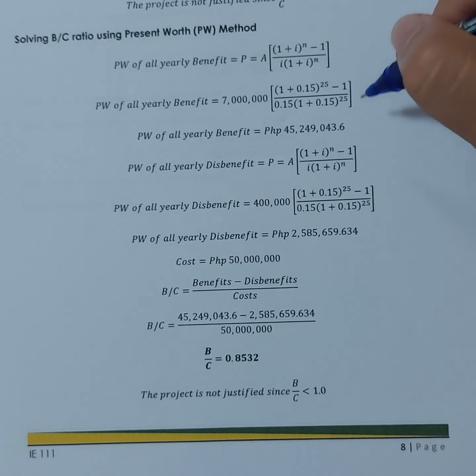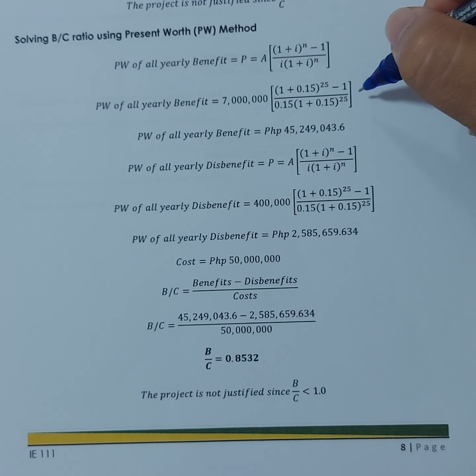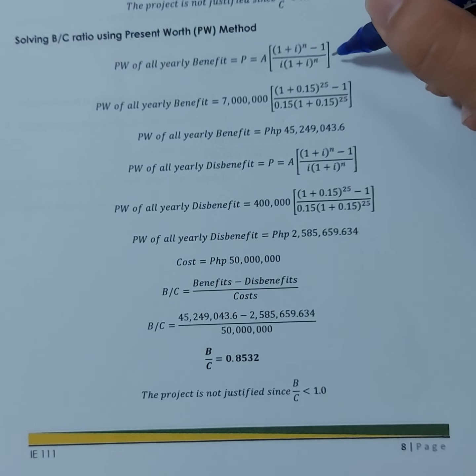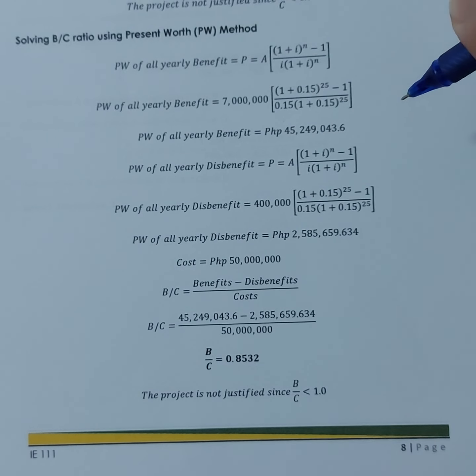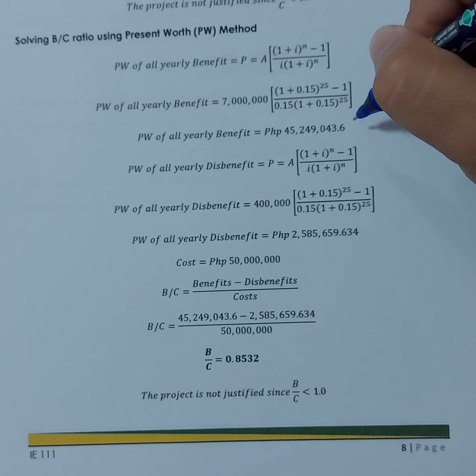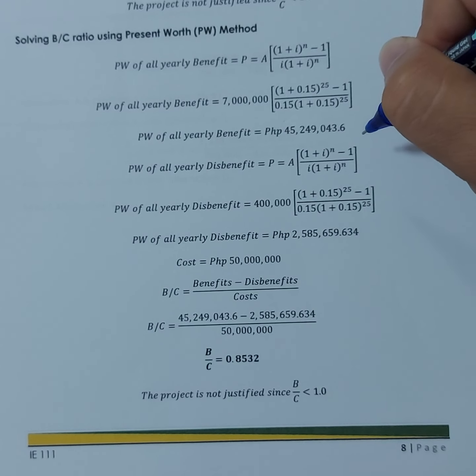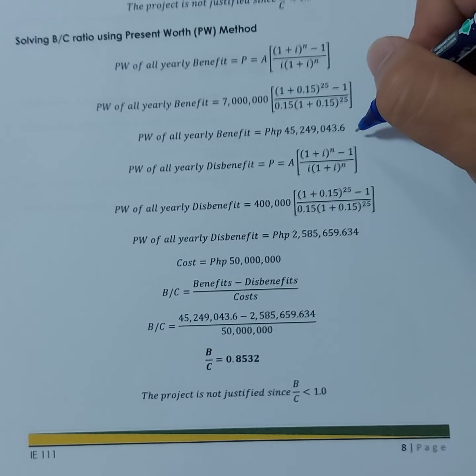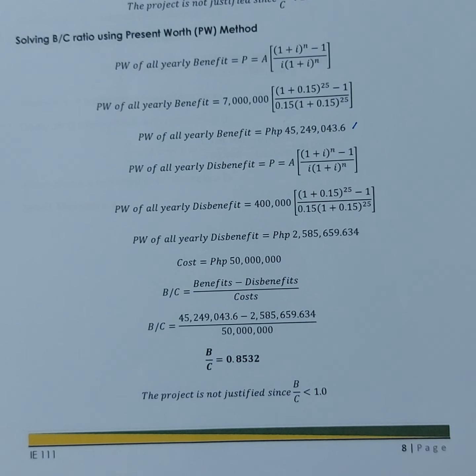So it's an annuity, so we can simply substitute the values sa formula natin for the annuity. So yung present worth of all yearly benefit is 45,249,043.6 pesos yung present worth ng lahat ng yearly benefits for 25 years.